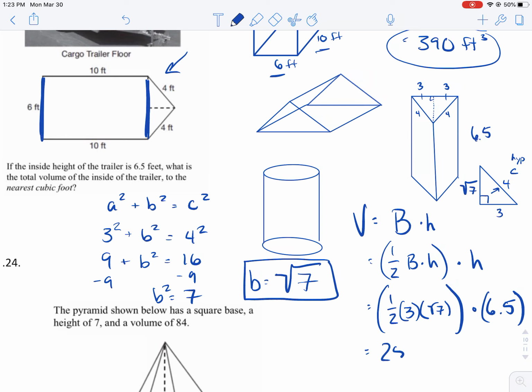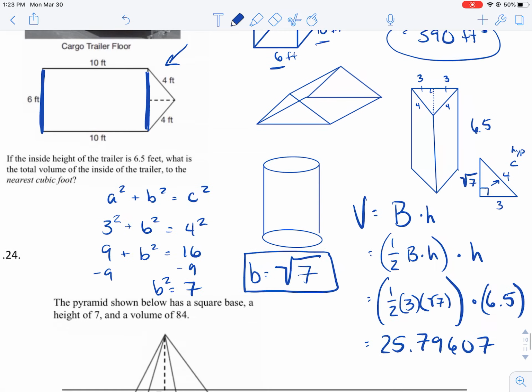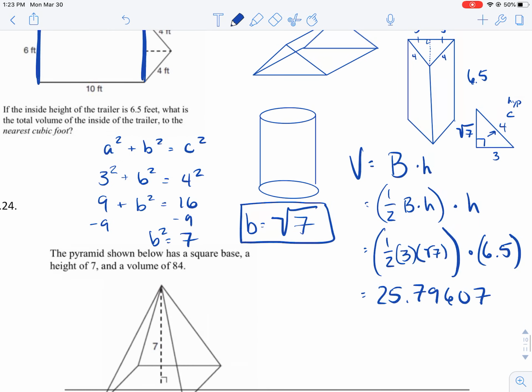Should get 25.79607. It says round it to the nearest cubic foot.